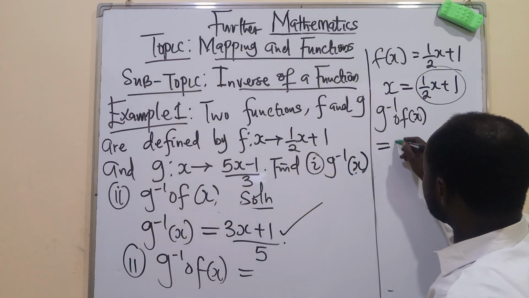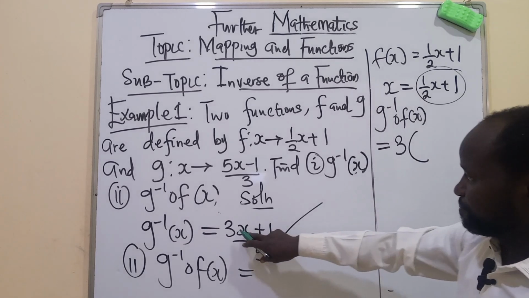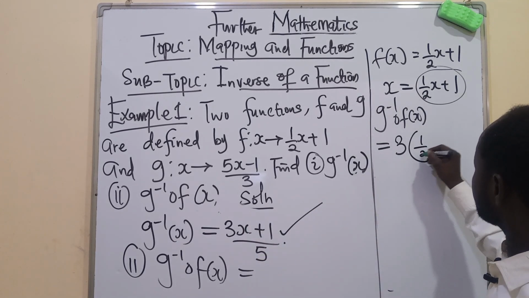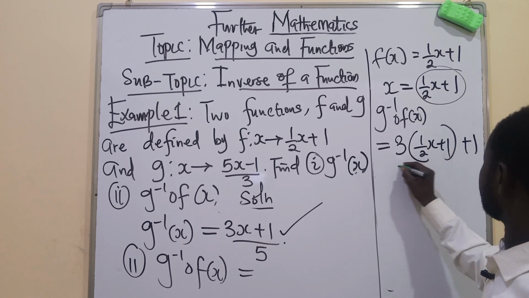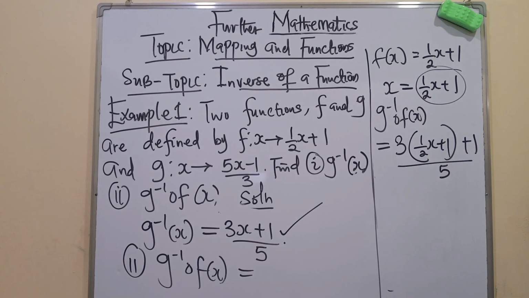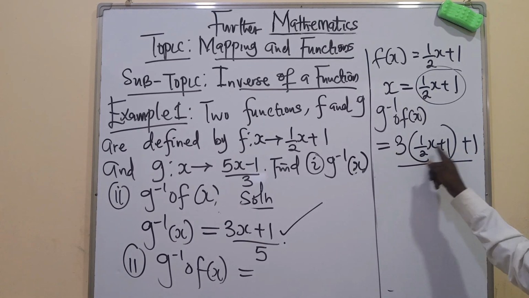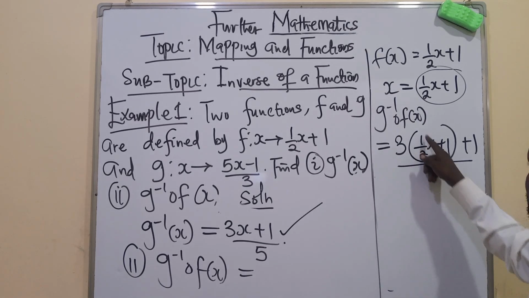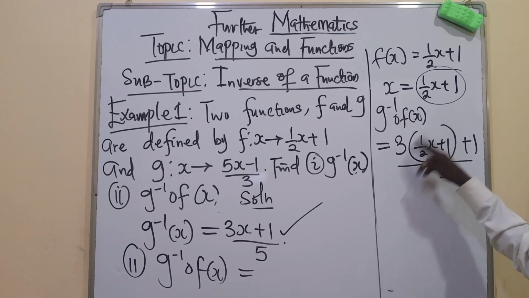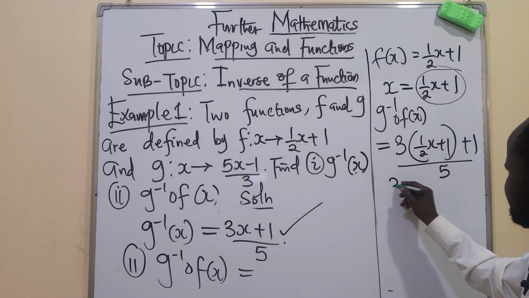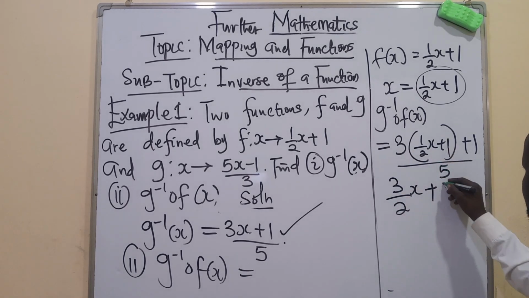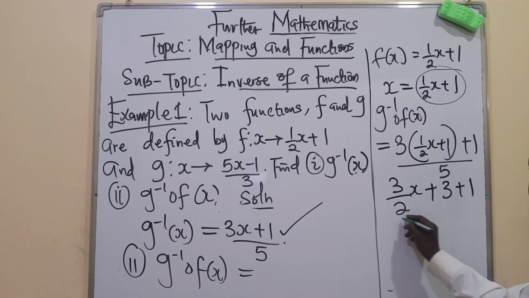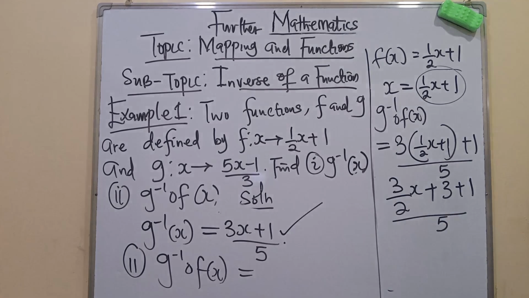So this will now be 3 into, in place of this x, we put half of x plus 1, then plus 1, divided by 5. Okay, we can distribute this 3 over this: 3 times half of x, that will be 3 divided by 2 times x, plus 3 times 1, that will be 3, plus 1, divided by 5.